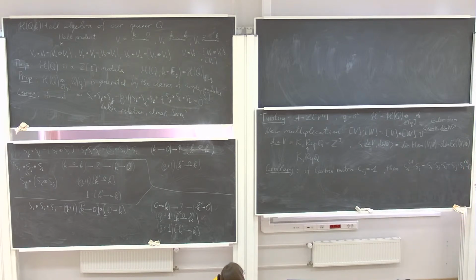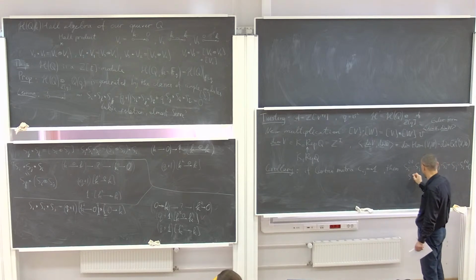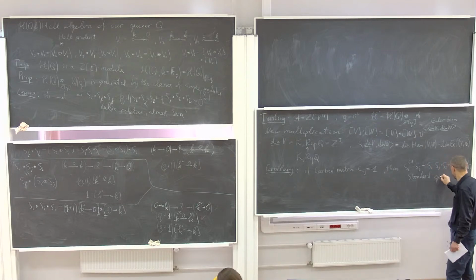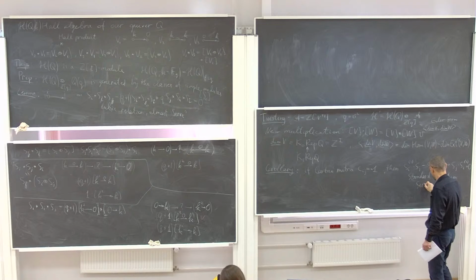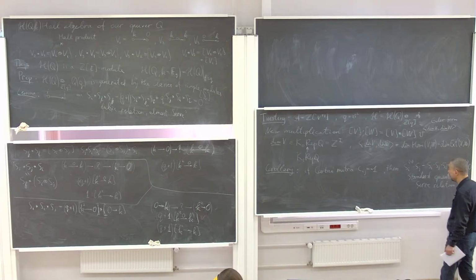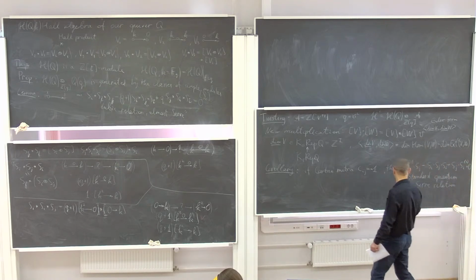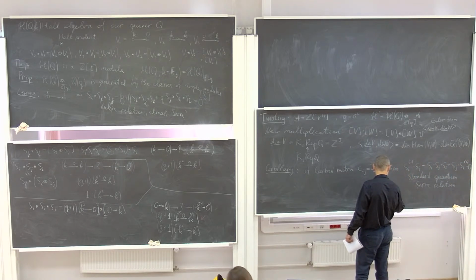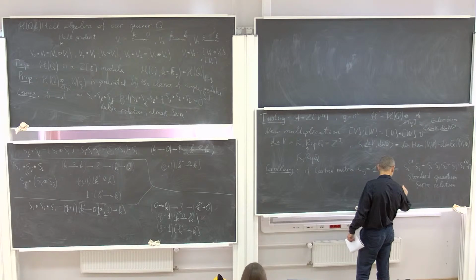So it's the usual Serre relation, but quantum. And here the divided power, Si divided power, is the usual square divided by v plus v inverse.